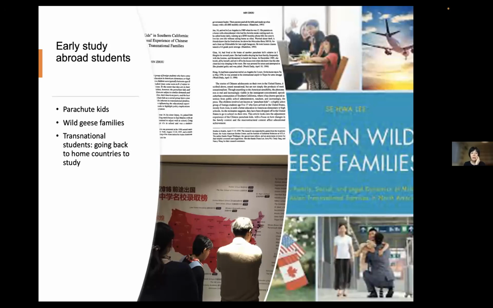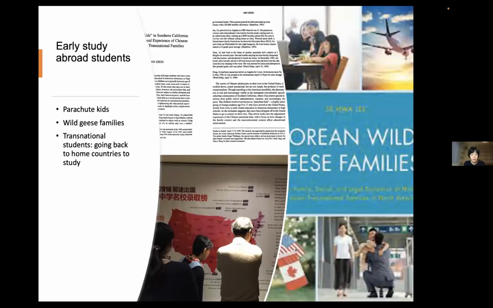I see in the audience there are many scholars from the Philippines, and in fact there are a lot of Filipino children in Japan who will go back to the Philippines to study, even though their parents live in Japan, partly because Filipino parents believe the children should acquire the English language early on, and also sometimes Filipino higher education is good and cheaper than higher education in Japan, and also provides English medium instruction.